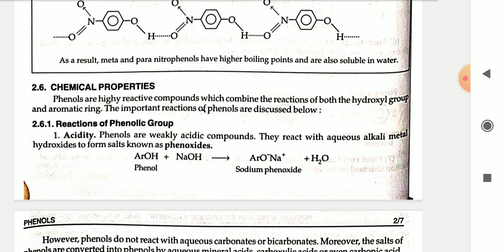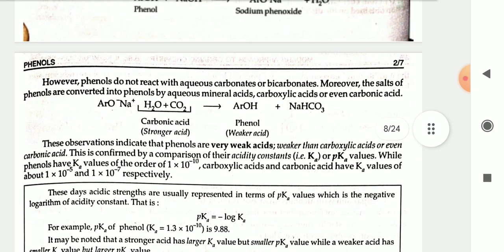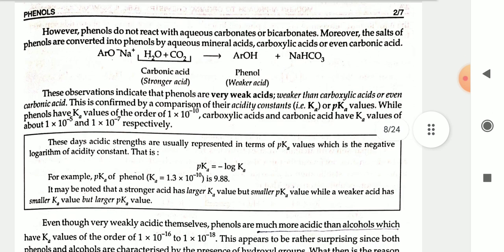They react with aqueous alkali metal hydroxide to form salts known as phenoxides. However, phenols do not react with aqueous carbonate or bicarbonate. Moreover, the salts of phenol are converted into phenol by aqueous mineral acid, carboxylic acid or even carbonic acid. These observations indicate that phenols are very weak acids, weaker than carboxylic acid or even carbonic acid.